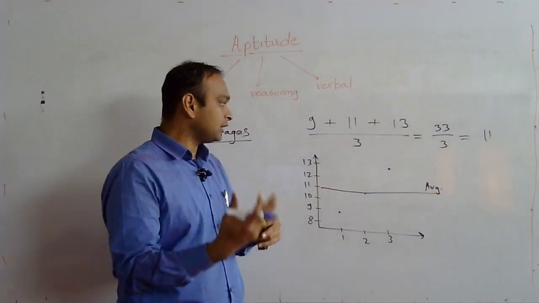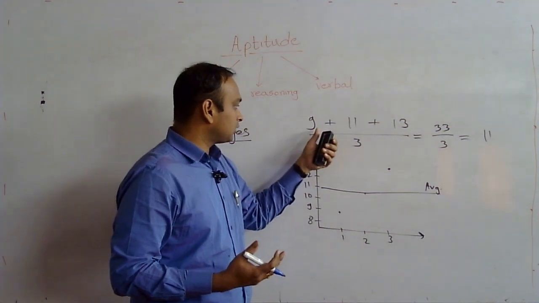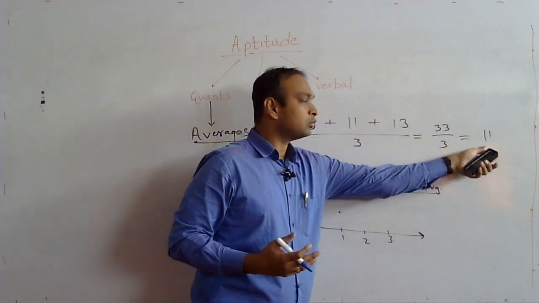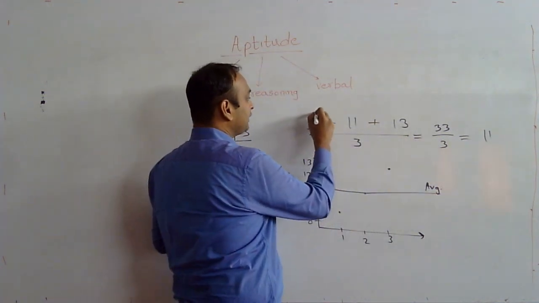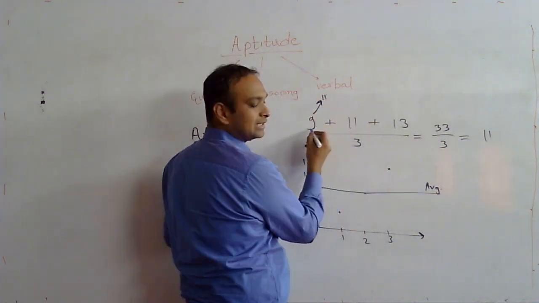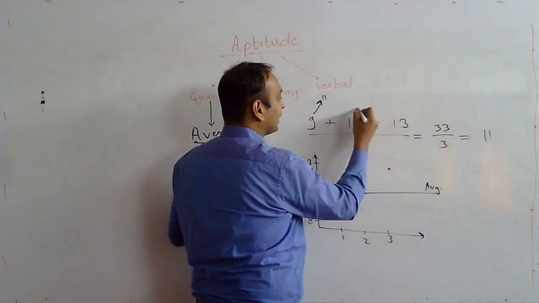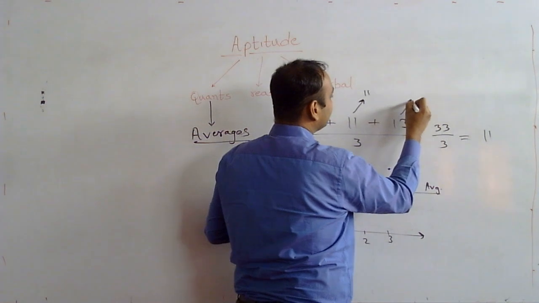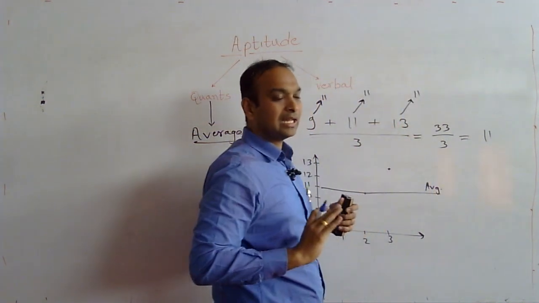In reality we may have different numbers, but the average is the value which ideally represents every number. So ideally the first number should be 11, the second number also should be 11, and the third number also should be 11.